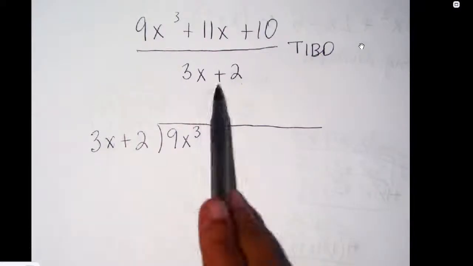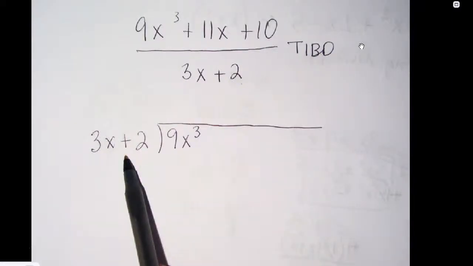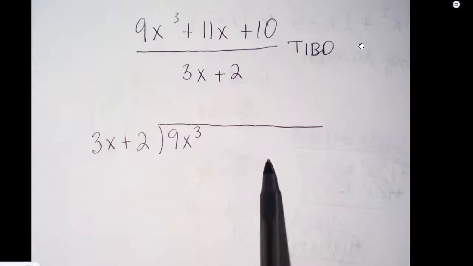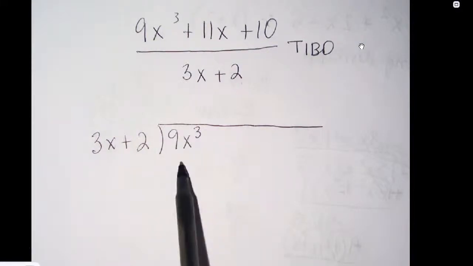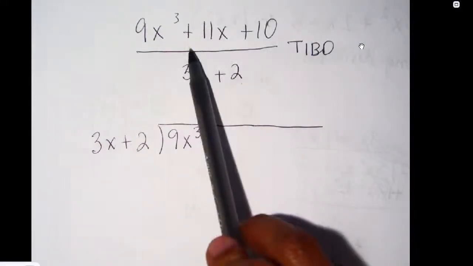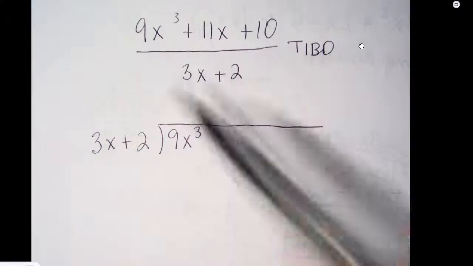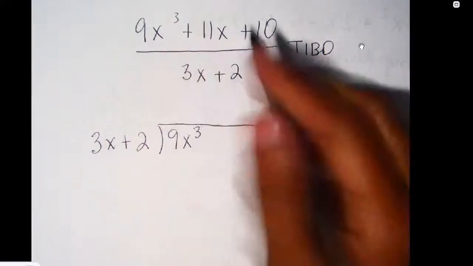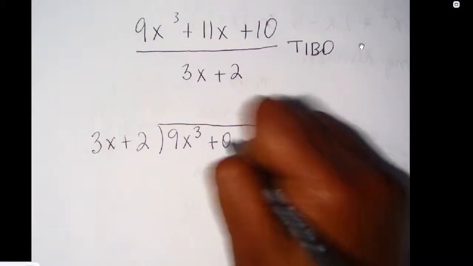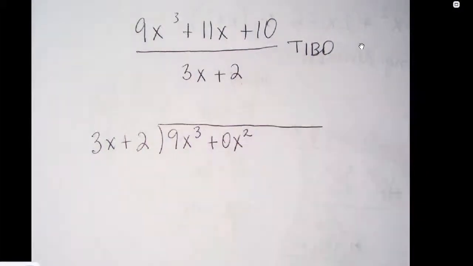And then out here, I got a little distracted because I wanted to mention something. So this, of course, is the number on the outside for the bottom, and I'm going to talk about the inside. So that's why I stopped in the middle of doing it, because notice how you have the 9x to the third power term. That's the first one. You notice there is no x squared term. So when there's no x squared term, or if there's missing pieces for your powers, you want to still put a placeholder there.